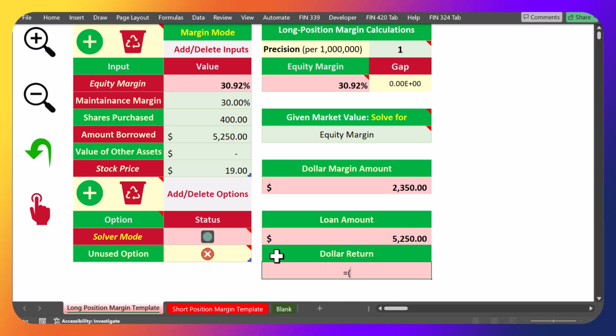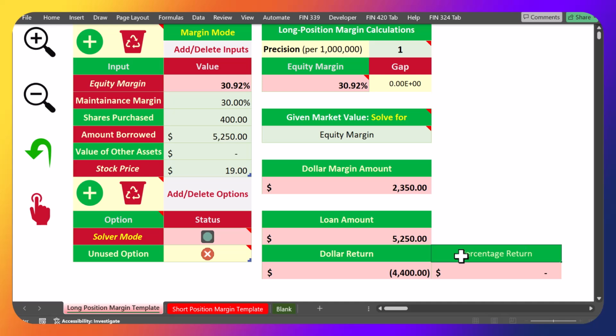So her original, minus 30 times shares purchased, she actually lost 4,400. Percentage return or rate of return equals dollar return divided by her original investment, which was $7,000.